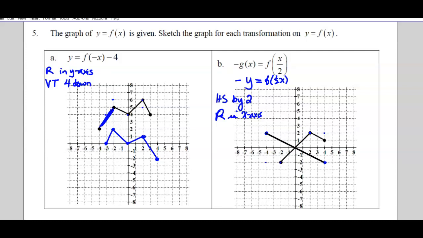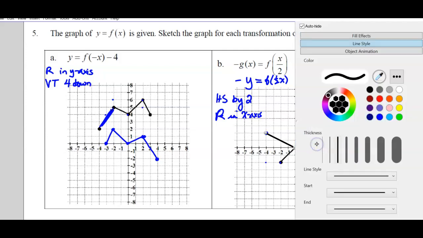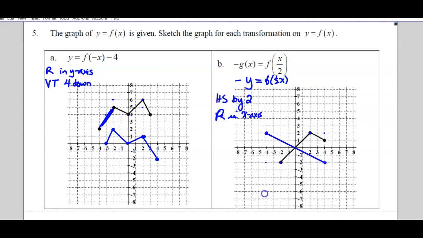It's a little too long for me to make it nice, straight. There. And then the last point, stretch by 2 would give me an x value of 8. And then reflect in the x-axis would be y value of negative 1.